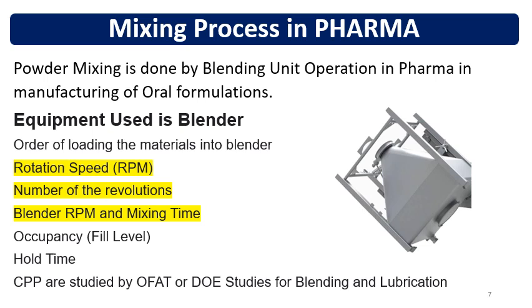These things are dependent onto the scale. That means if the blender is small, then the rotation speed will be higher. And once the scale is there, that means if you increase the batch size, if you take the bigger blender, the rotation speed will be less. This calculation is done for scaling up the blending process, and that calculation gives you the specific rotation speed and the mixing time.